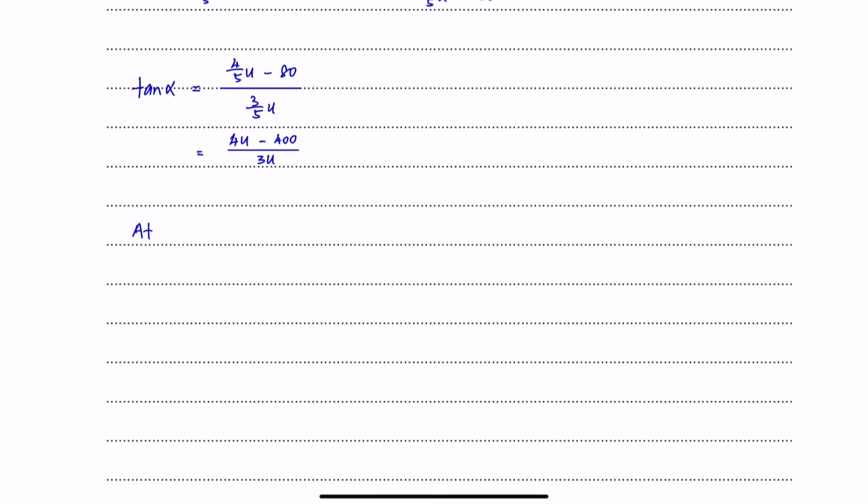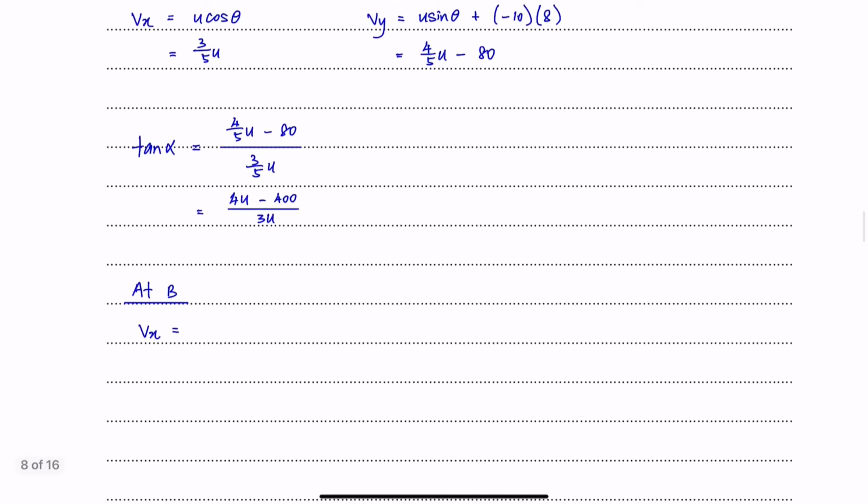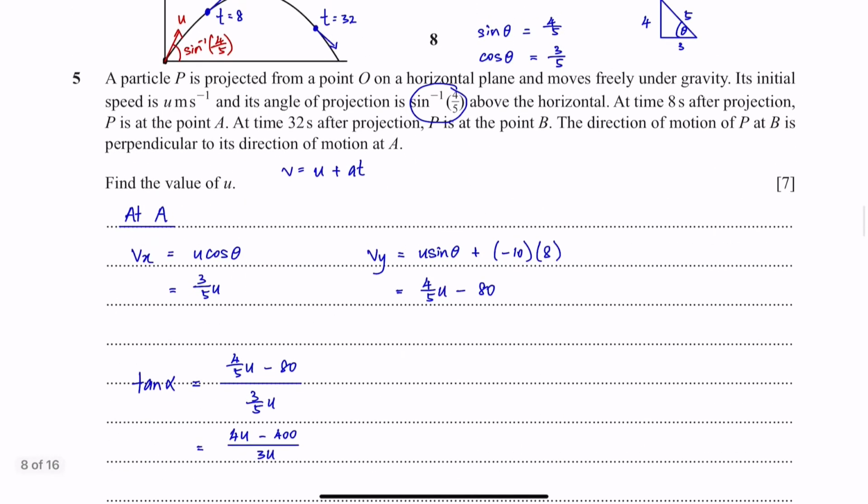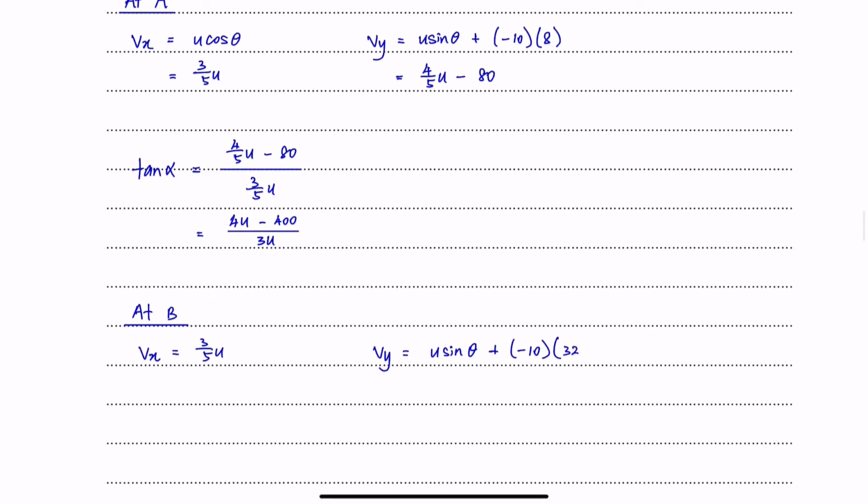Okay, now let's look at point B. The horizontal velocity would be the same, 3 over 5 u, and the vertical velocity would be u sine theta plus a, which is negative 10, and t would be 32.